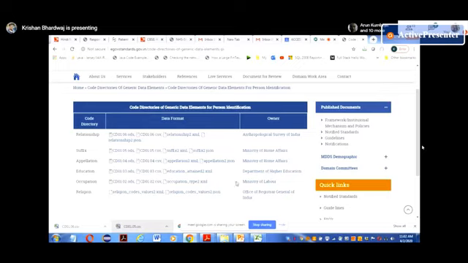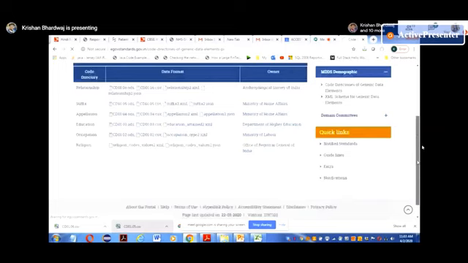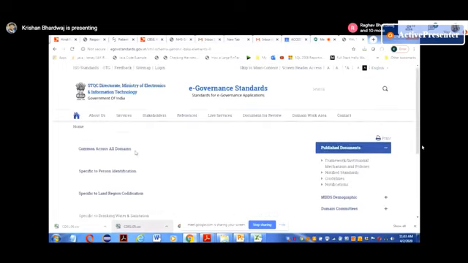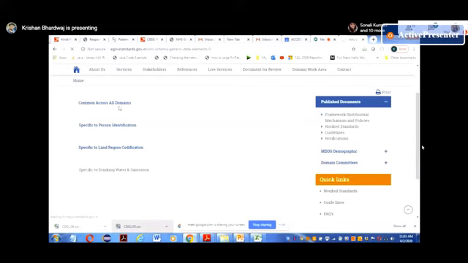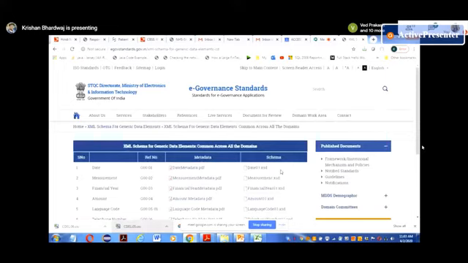The same way, for the MDDS elements, this is the XML schema for the generic data element they have defined. So under each thing, these are all the MDDS elements for the generic domain.